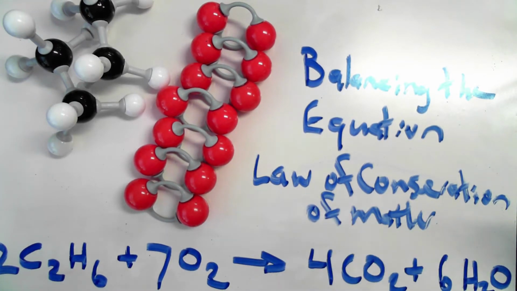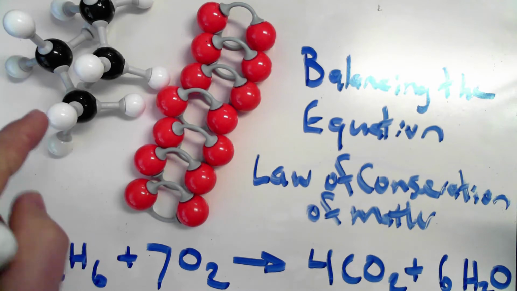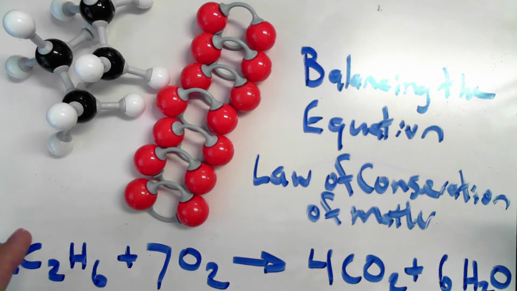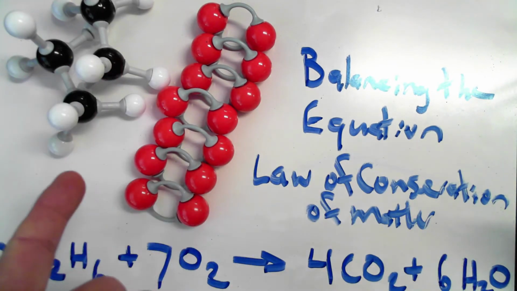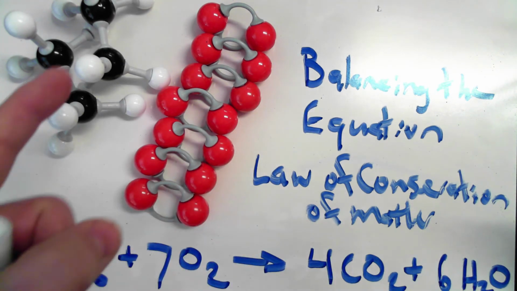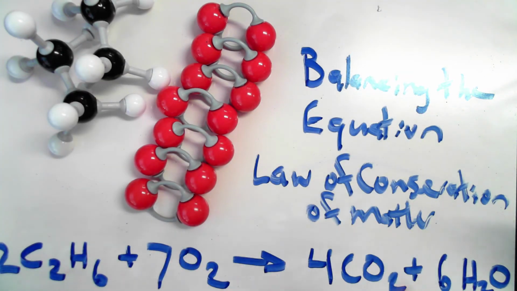It's how we show on an individual level, atom by atom, how many of these will react with how many of those to form these things, having none left over, and every single one of these atoms is accounted for in the products that are made.